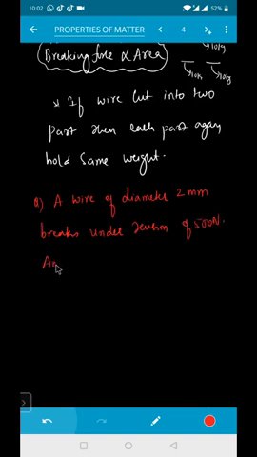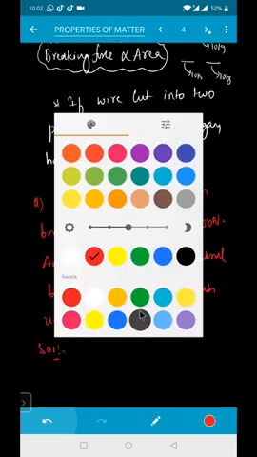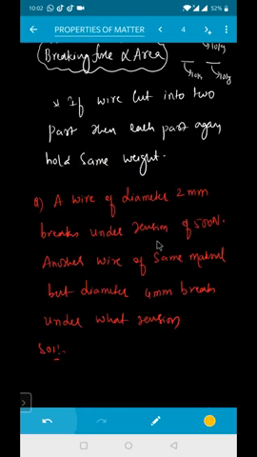Another wire of the same material, but diameter 4 mm, breaks under what tension? This is the question. See this one, isn't it? So we got a wire of diameter, how much beta?